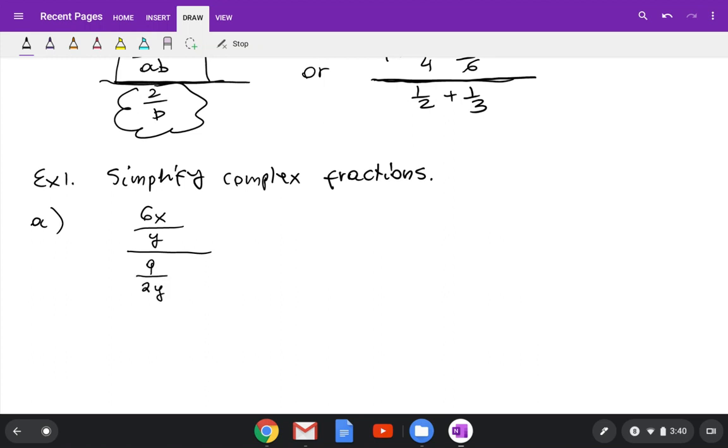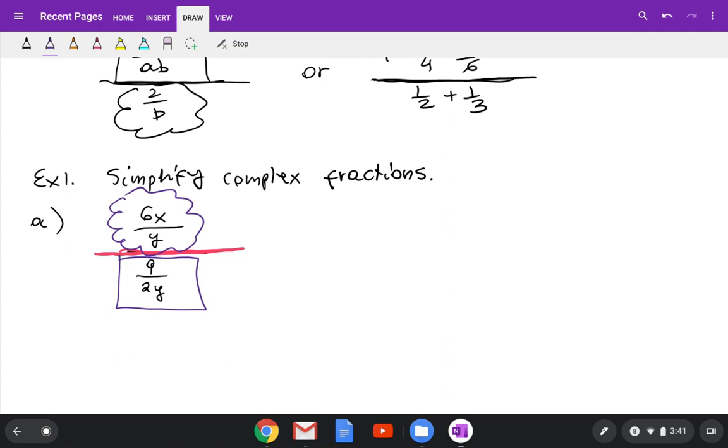What I recommend first is to always find where the middle is. Find the middle of that complex fraction. So this is the middle. That means this is your fraction bar, and you may consider that this is your numerator. So you have fraction divided by fraction. Okay, so this is the middle.